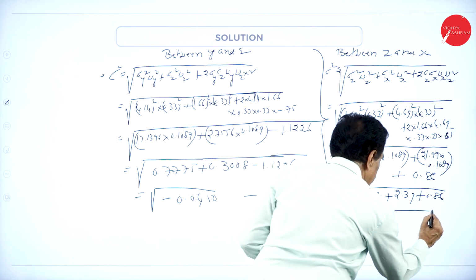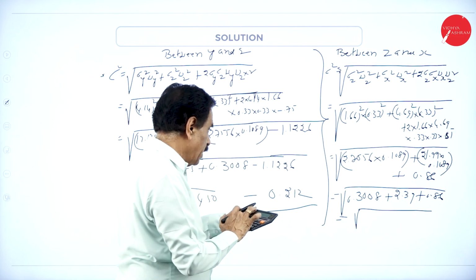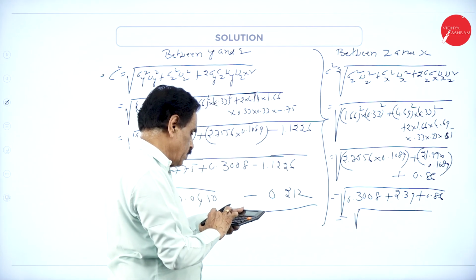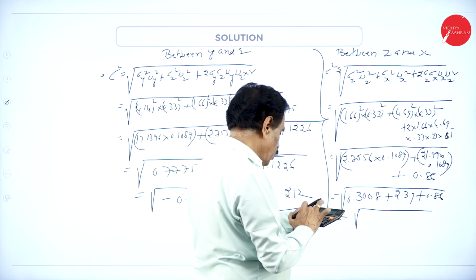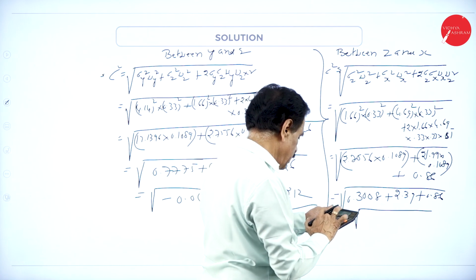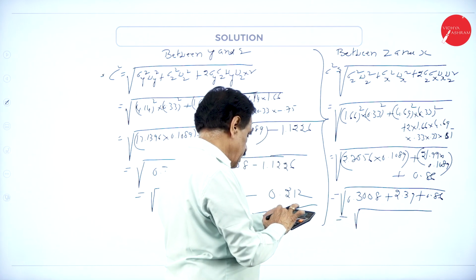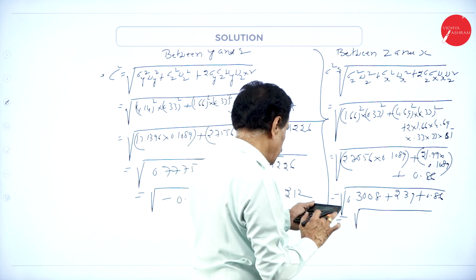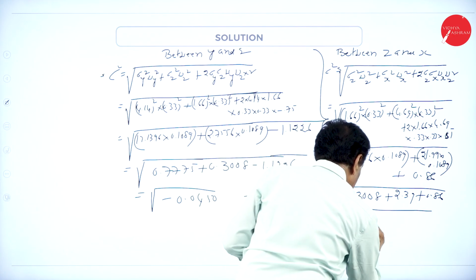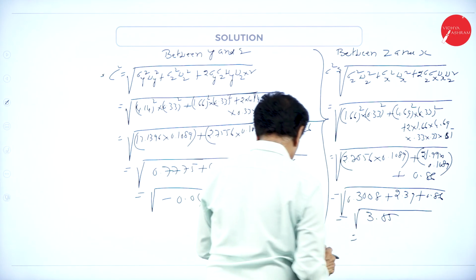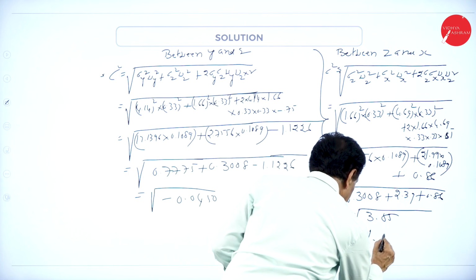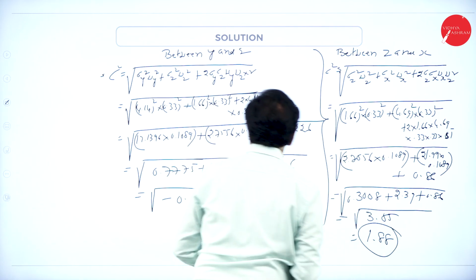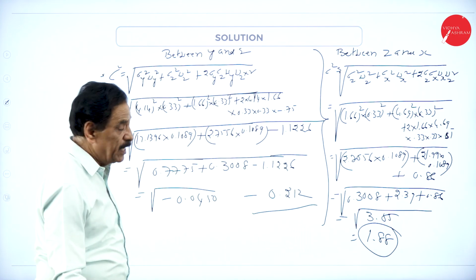Root of this. 0.3008 plus 2.39 plus 0.86, 3.55. Root of this, 1.88. So this is between Z and X.